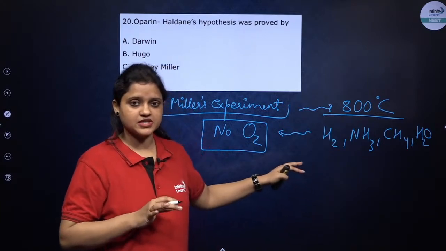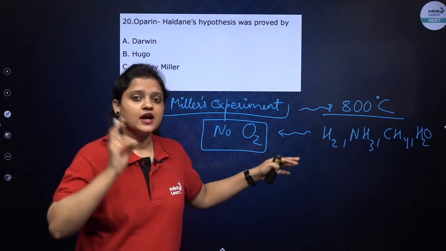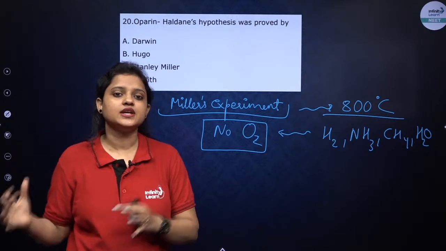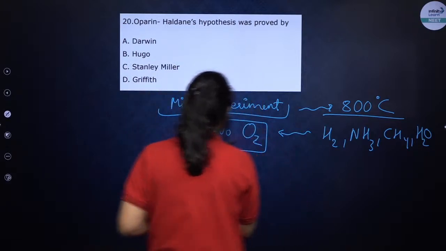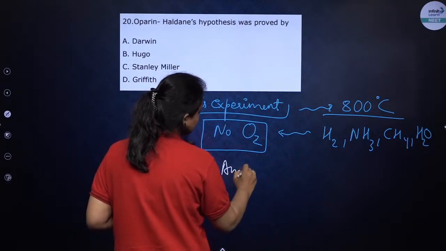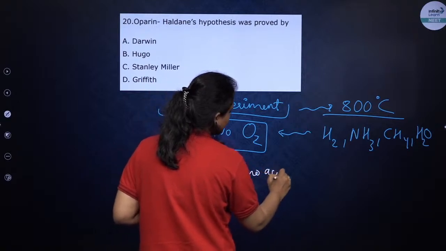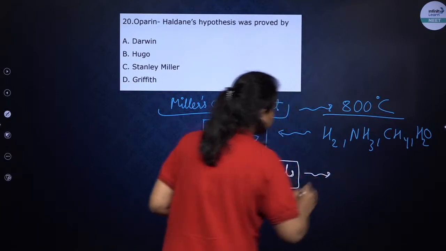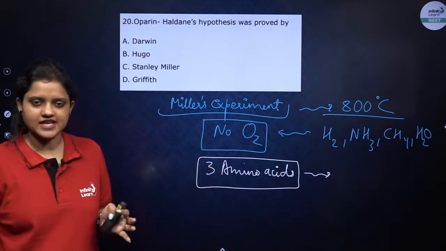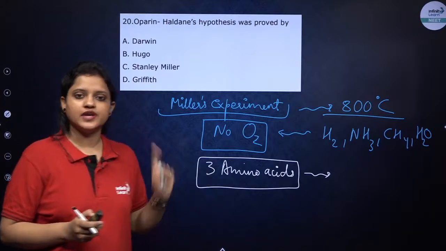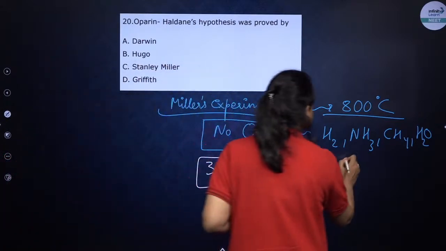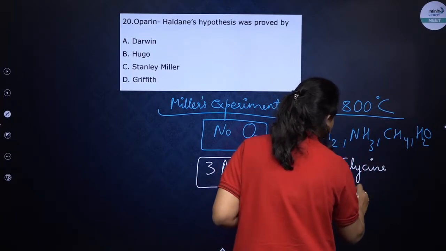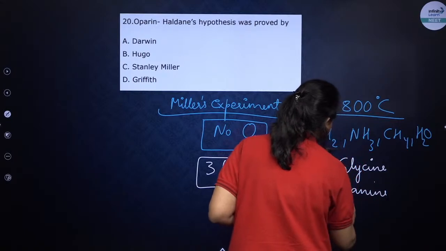Because of this experiment, he got 3 amino acids initially. And which were these 3 amino acids? He got 3 amino acids during his first experiment. Later he got many biomolecules, but initially only 3 amino acids: glycine, alanine and aspartic acid.